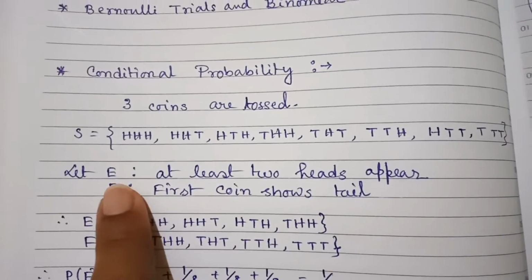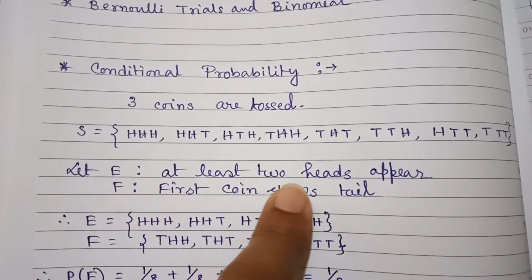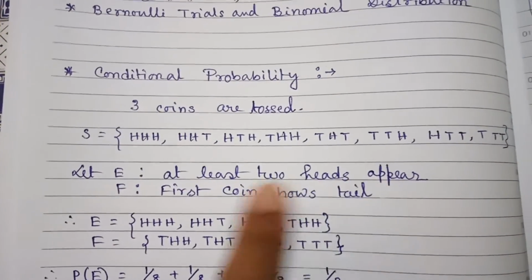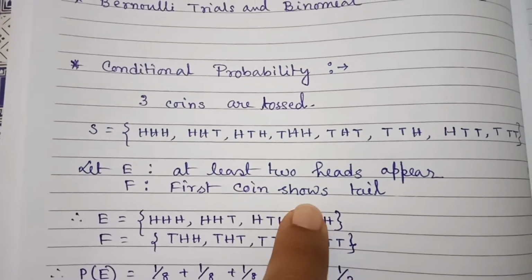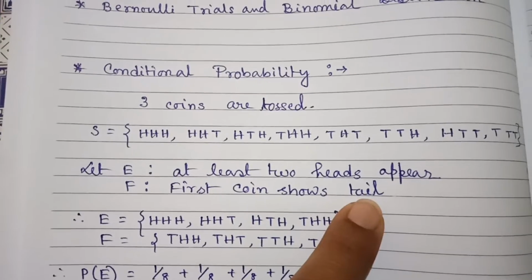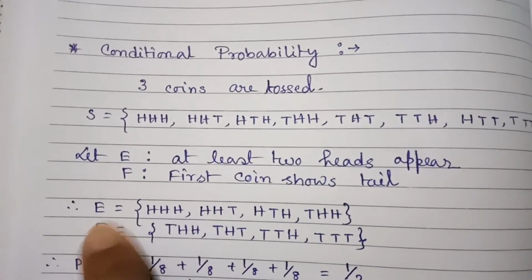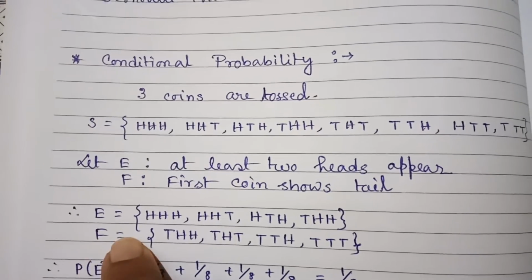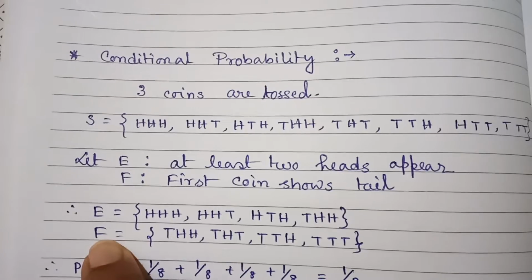Now, let E be an event that at least 2 heads appear, and F be the event where the first coin shows tail. According to these two descriptions of events, we have constructed the sets of events.